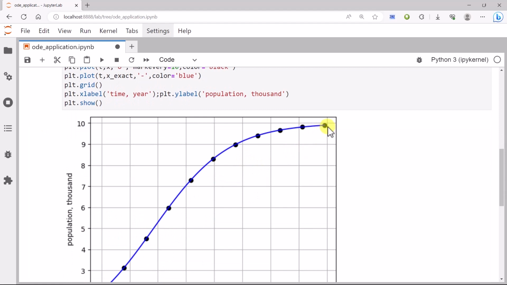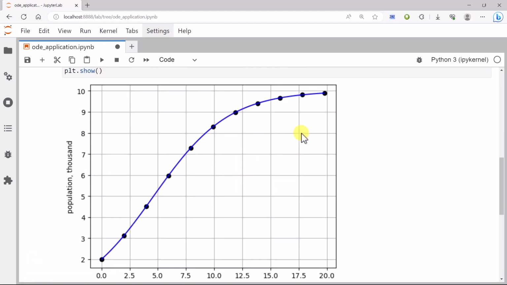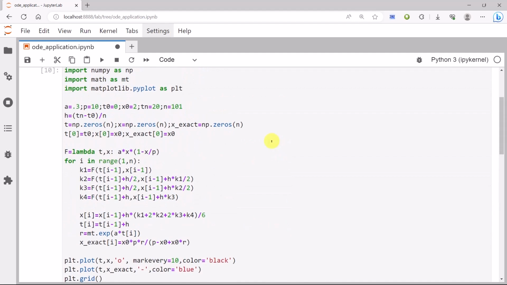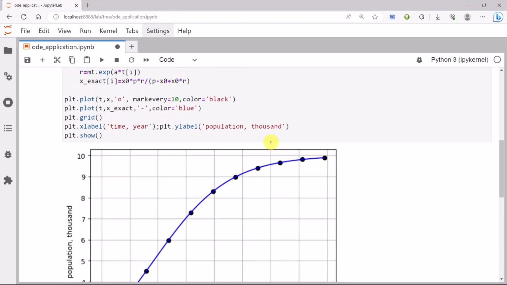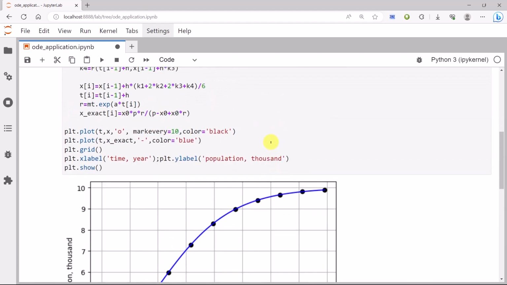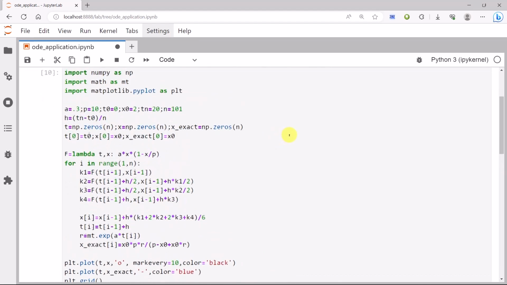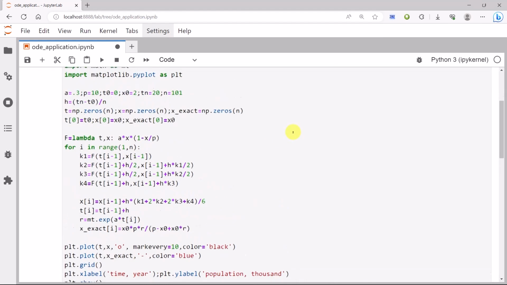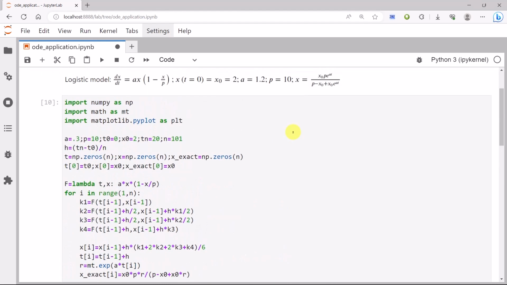It has not hit the plateau yet after 20 years. So this tells us the efficacy of this very simple yet very elegant, beautiful model. It gives us the big picture of how the population will grow. All right, so let's see how we can actually improve this model.